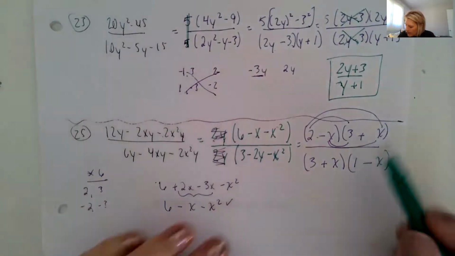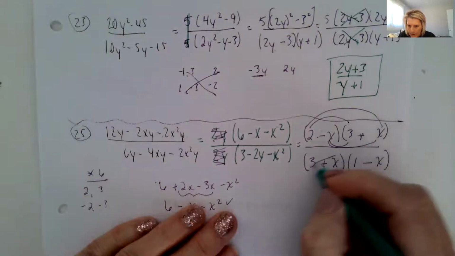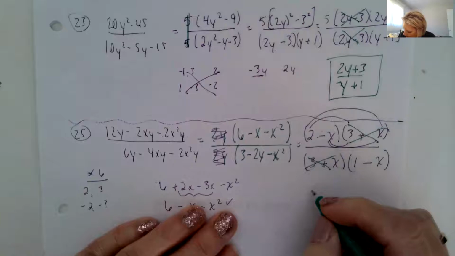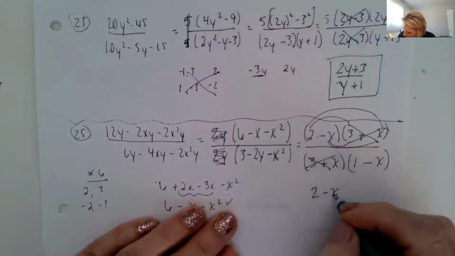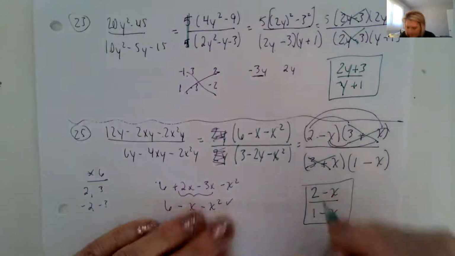And it looks like we have a 3 plus x in the numerator and denominator. So those will cancel because they make a 1 fraction. And our final answer is the 2 minus x in the numerator and the 1 minus x in the denominator.